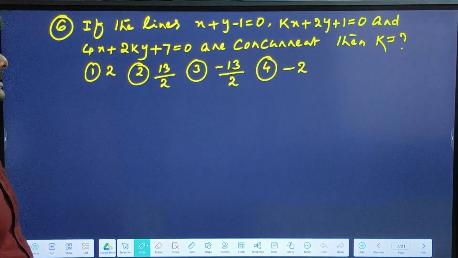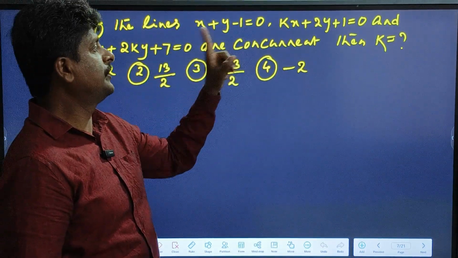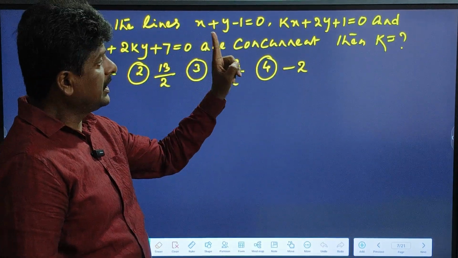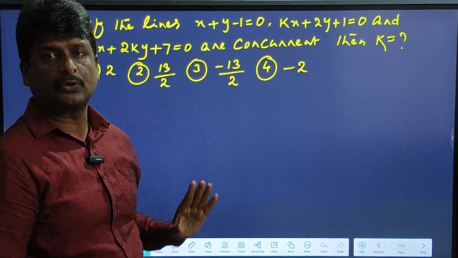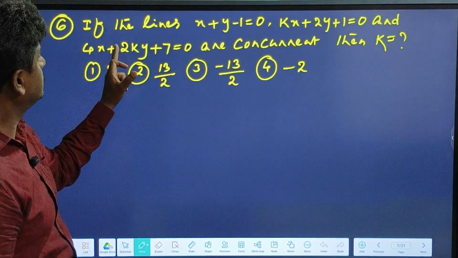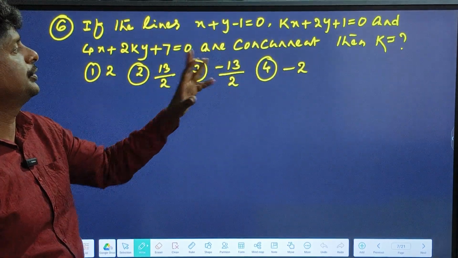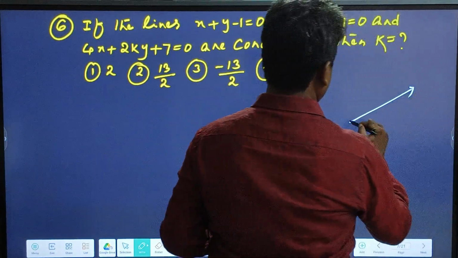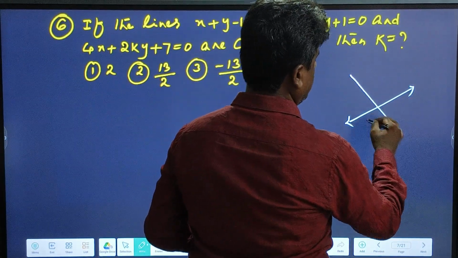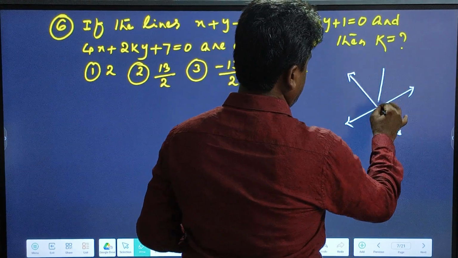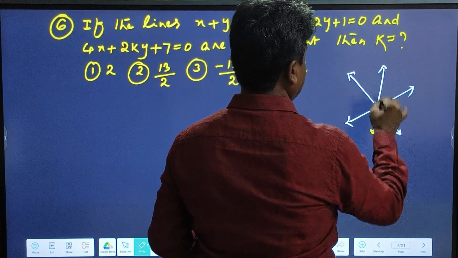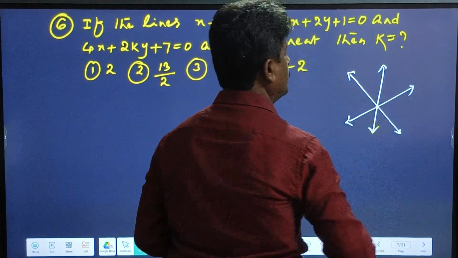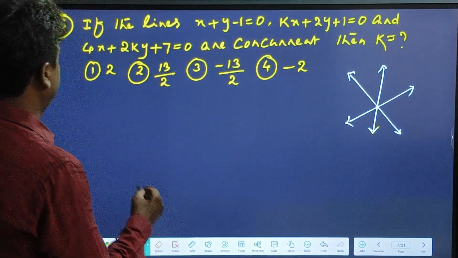If the lines x plus y minus 1 equals 0, kx plus 2y plus 1 equals 0, and 4x plus 2ky plus 7 equals 0 are concurrent. For three lines to be concurrent, the condition is that the determinant of the coefficients is 0.